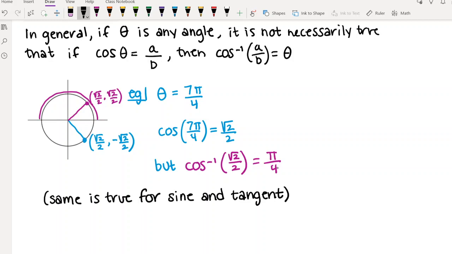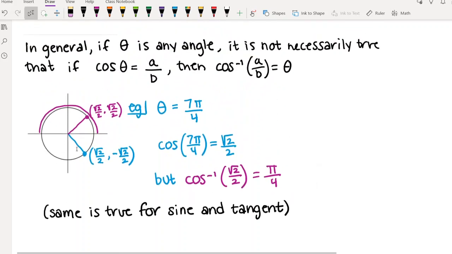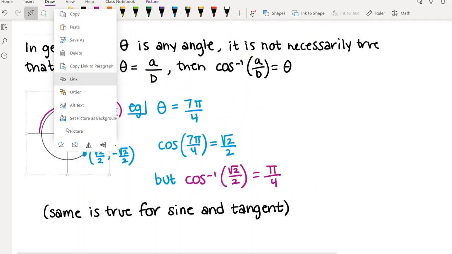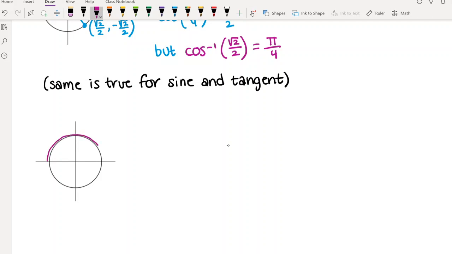And because of the way that the unit circle angles line up, the part that I already highlighted is the part of the unit circle where, when you use inverse cosine, your answer comes out to be an angle in that part of the unit circle.